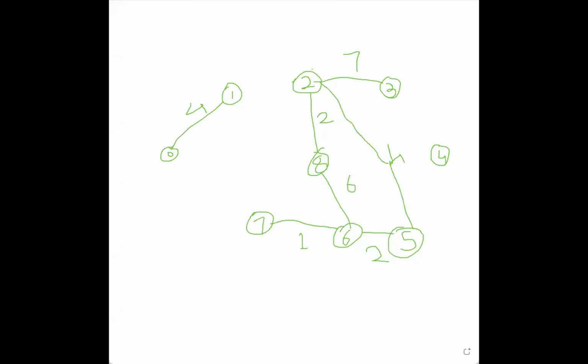Yes, 8 to 6 will not be there. 8 to 6, since including this edge results in a cycle, we have to discard it. 8 to 6 we don't want because it is forming the cycle.